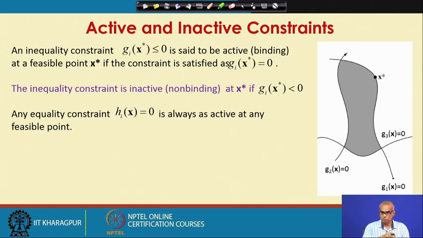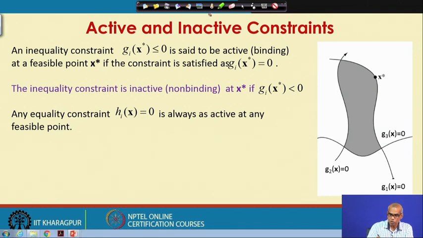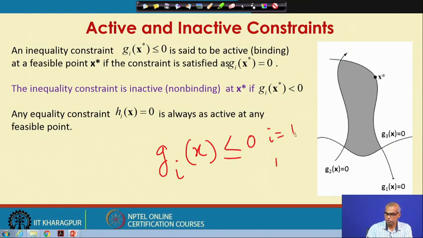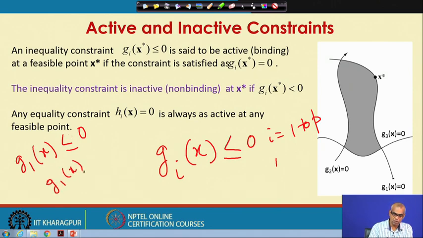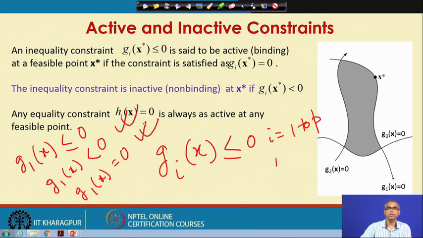So, I have a constraint, say g_i(x) less or equal to 0, i equal to 1 to p. So, think about any particular constraint, say g_1(x) is less or equal to 0. So, if g_1(x) is less than 0, the constraint is satisfied. If g_1(x) is equal to 0, then also the constraint is satisfied.